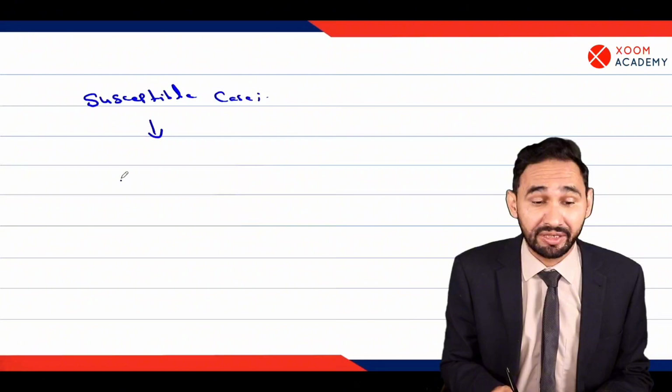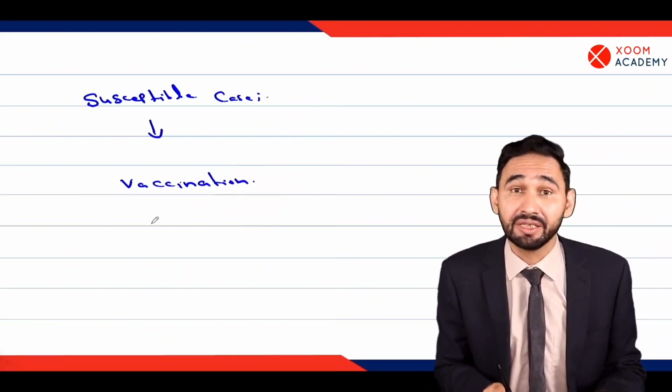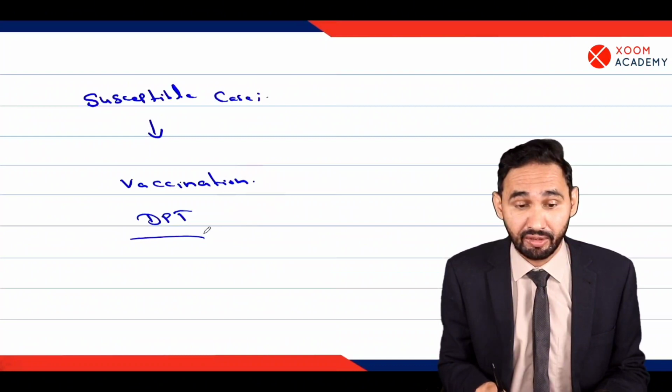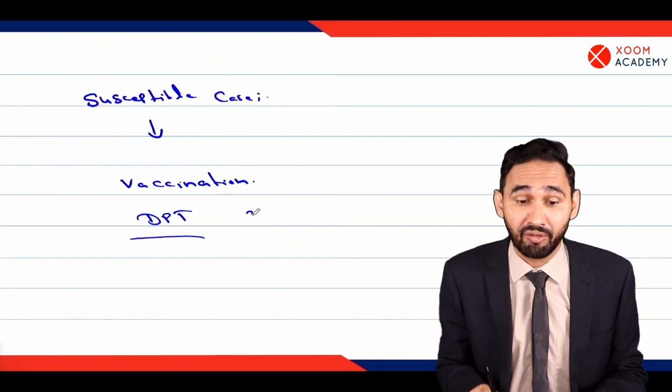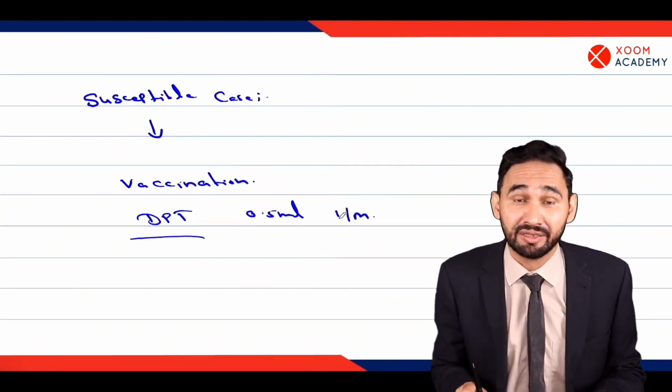Simply, we can give vaccine. Diphtheria vaccine is available in the form of DPT, or we can give a single vaccine of 0.5 ml intramuscularly. Those who are susceptible to diphtheria must be vaccinated.